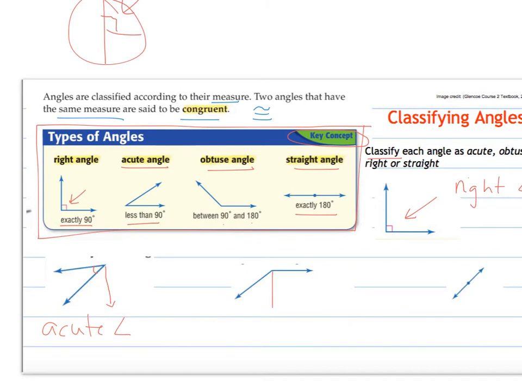This one I notice if I made this 90 degrees is much larger. So this is an obtuse angle. So I kind of use that 90 degrees as my reference point. And I see this one is perfectly straight in either direction I can make it. And you know 90 plus 90 is 180. So that's exactly 180, and this is a straight angle. Ta-da!